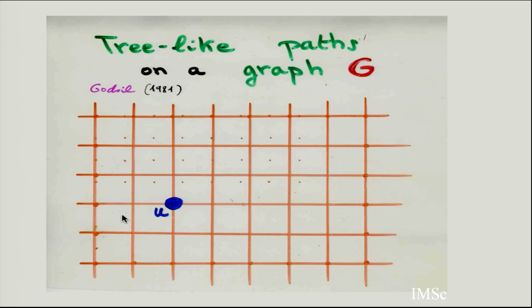Here is an example of a tree-like path. See, you go like this. You are doing the self-avoiding walk, and in the loop-erase process, only loop erasures are allowed: you go back on your step. See, you do this, for example. I told you it was like the story of Le Petit Poucet in France, who was lost by his parents in the forest, and he put all his stones on the lattice, on the forest.